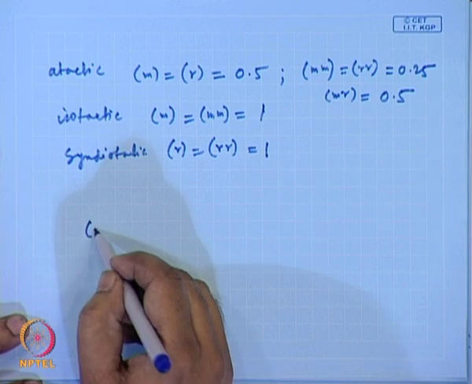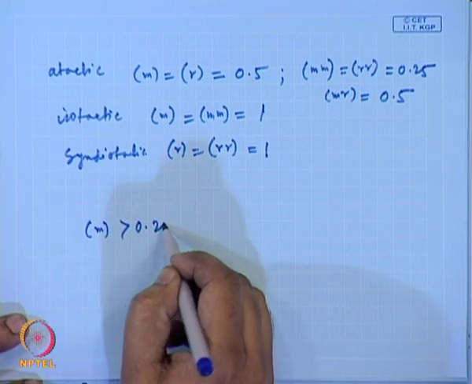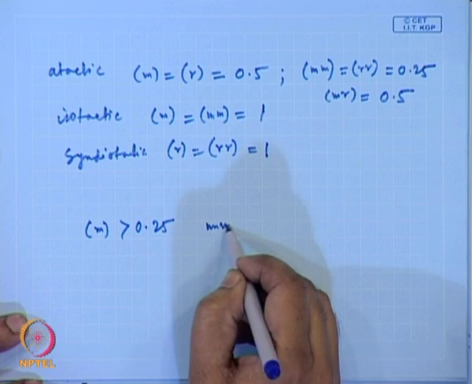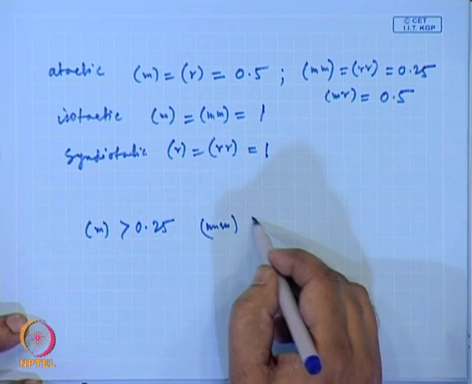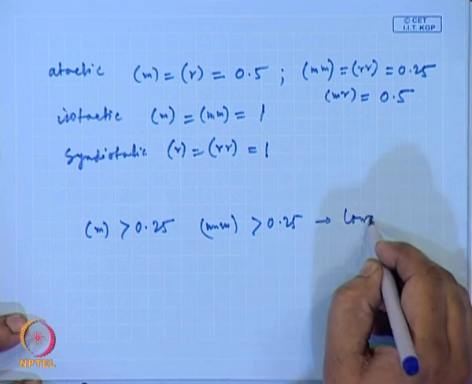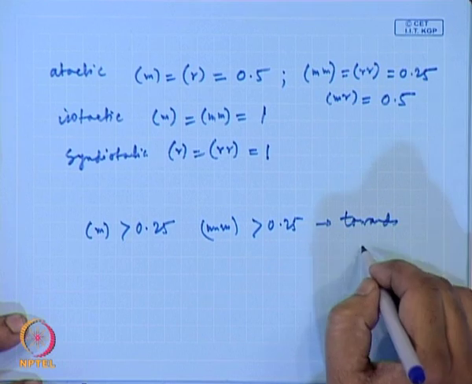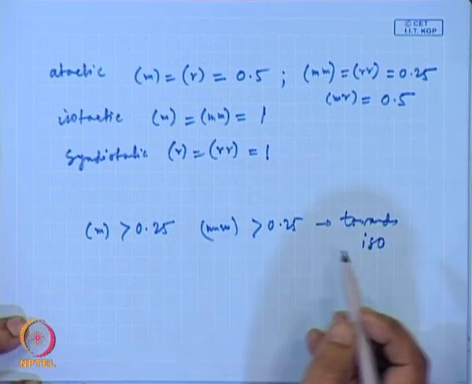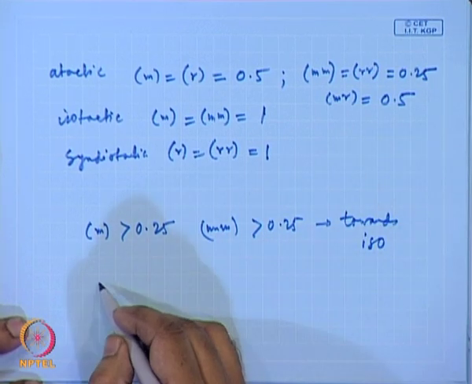If M is greater than 0.5 and MM is greater than 1/4, then obviously it is predominantly going towards isotactic. It is more isotactic rather than syndiotactic.